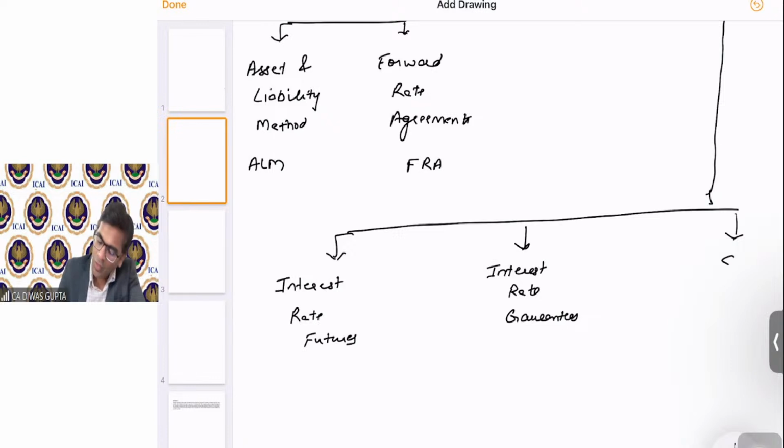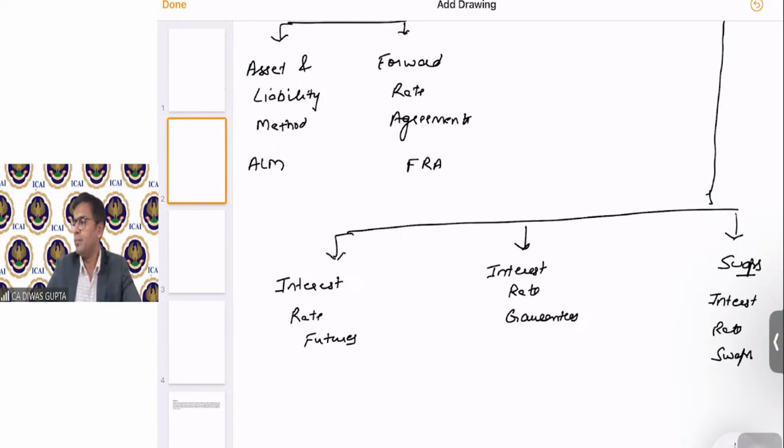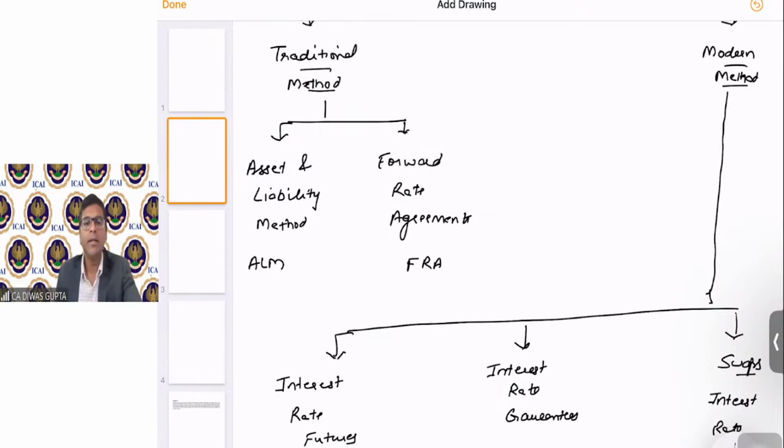Then last is swaps, more specifically interest rate swaps. Okay, students, so we will discuss all these five methods in detail. Out of them, for four methods we have very practical questions, except for the asset and liability method, which is a very simple method. We just need to understand this.